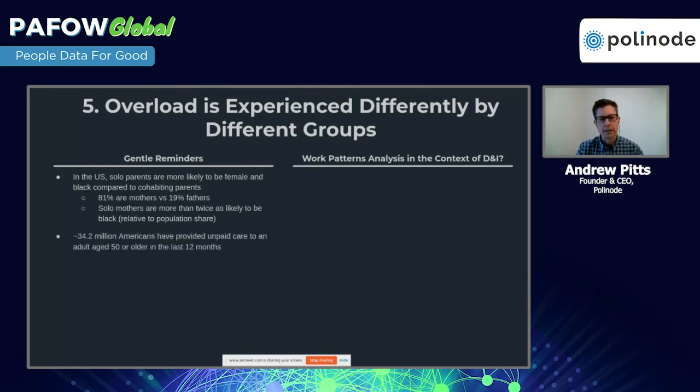Also thinking about caregivers. So 34.2 million Americans have provided unpaid care to an adult aged 50 or older in the last 12 months. And 75% of caregivers are female. 57% of Black caregivers provide high burden care, and that compares to 33% of white caregivers. And 66% of Black caregivers are employed full or part-time.